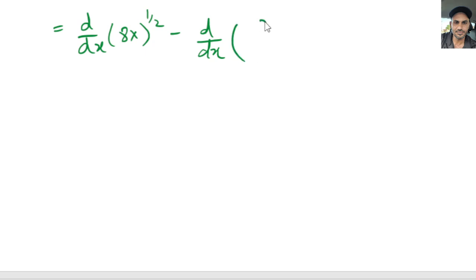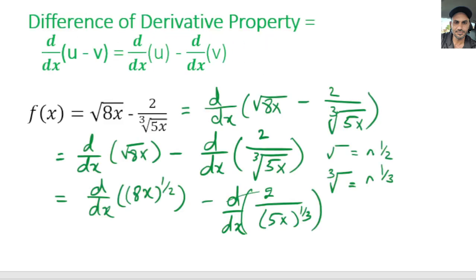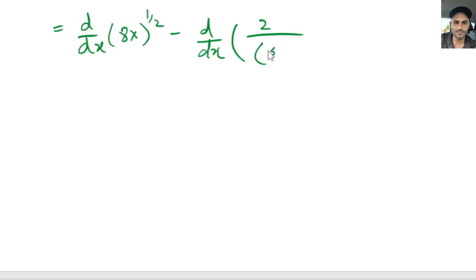So I have d over dx of 8x to the 1/2 minus d over dx, the derivative, that's what d over dx stands for, of 2 over, let me see what we have here, 5x to the 1/3 power.